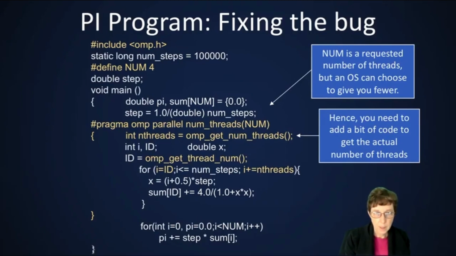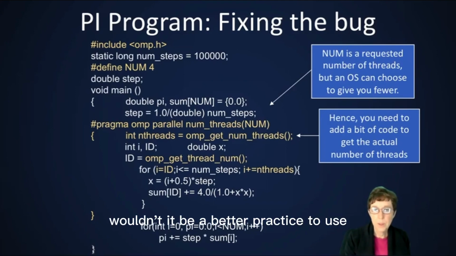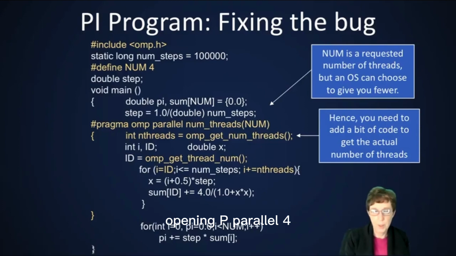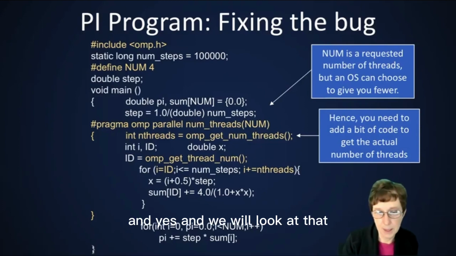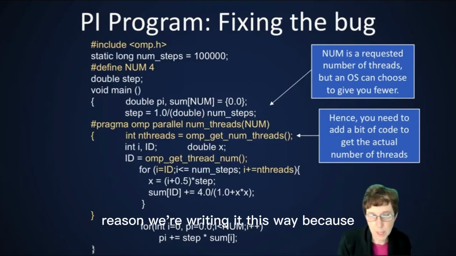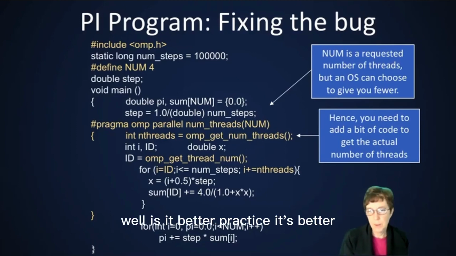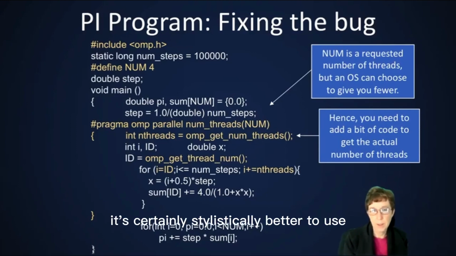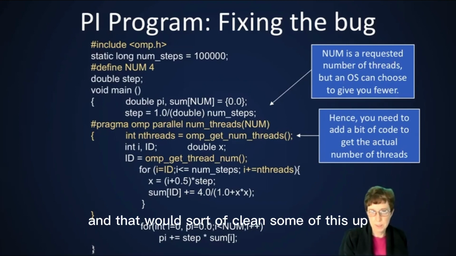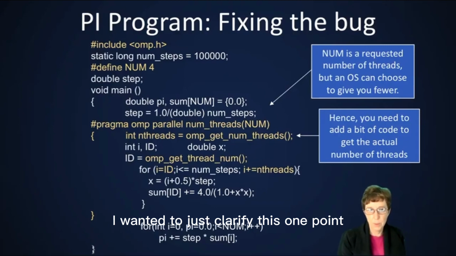And the question is, wouldn't it be better practice to use OpenMP parallel for? Yes, and we will look at that. There's a particular reason we're writing it this way. It's certainly stylistically better to use an OpenMP parallel for, and that would clean some of this up. I wanted to just clarify this one point.